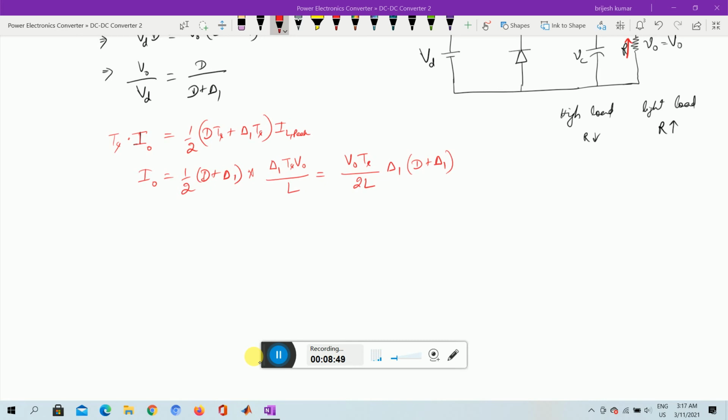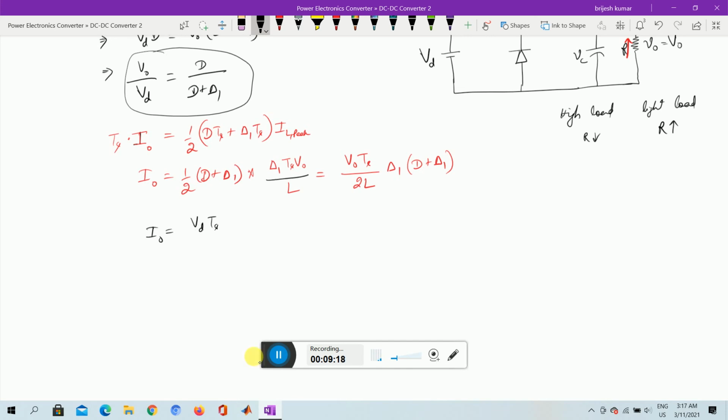We can also convert and get the value of del 1. So if I convert, V0 into (d plus del 1) is equal to Vd into d. From this expression we can get V0 into (d plus del 1) equals d into Vd.